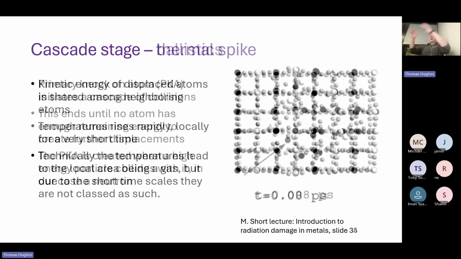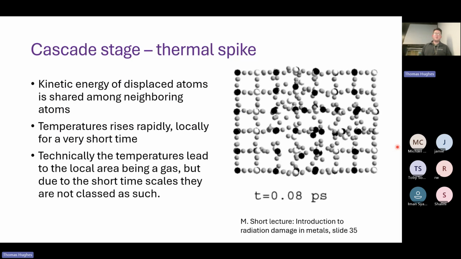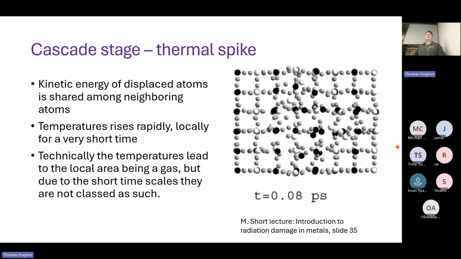This generally creates an absolute mess, or basically a thermal spike. The kinetic energy of the displaced atoms is shared amongst all the other atoms. The temperature rises incredibly high for a very short amount of time. Technically, the temperatures here are almost instant liquefaction or becoming a gas, but because it happens over such a small time scale, it's not classified as such.